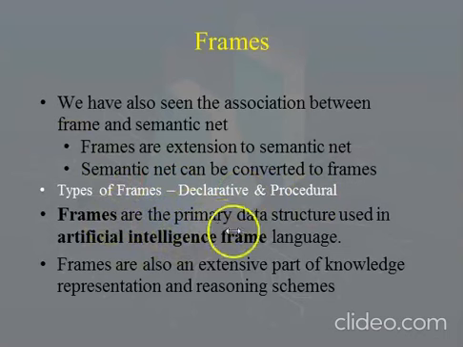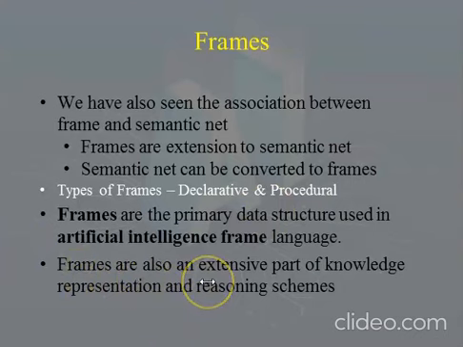Then frames are primary data structures used in artificial intelligence frame language. So here again, as we have seen in semantic network, which is used with natural language processing, frames are also used with natural language processing. For that, we can use these frames as a primary data structure for structuring or processing the sentences in a language.